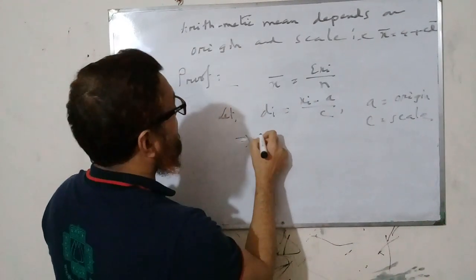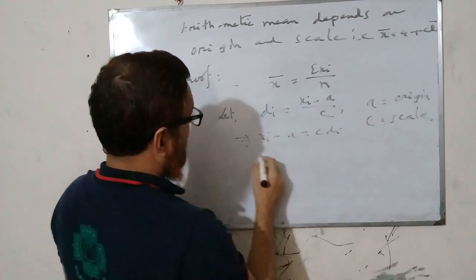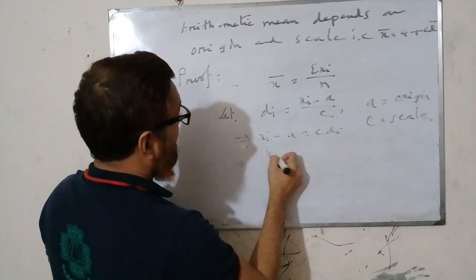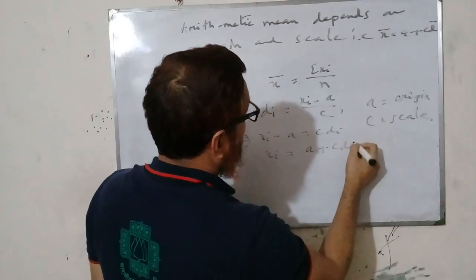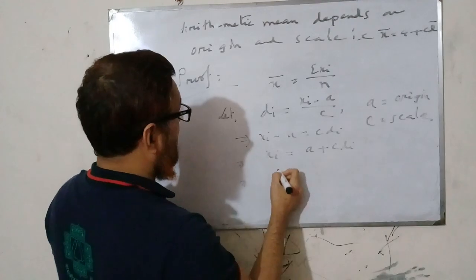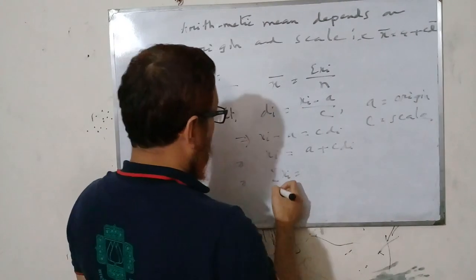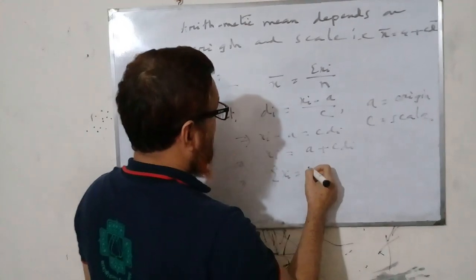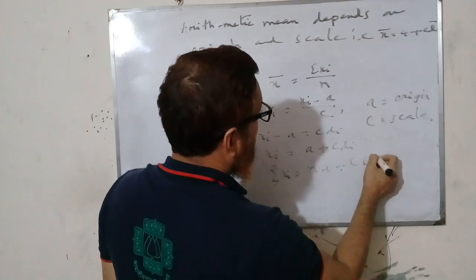So from cross multiplication we can write xi equals a plus c di. Summing both sides, summation xi equals n a plus c summation di.